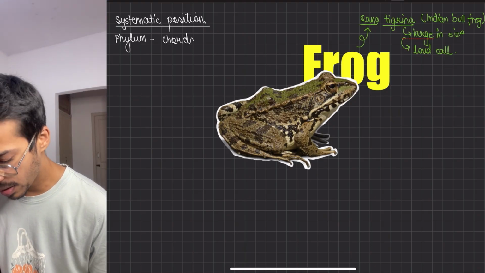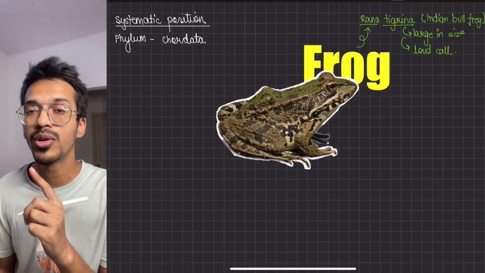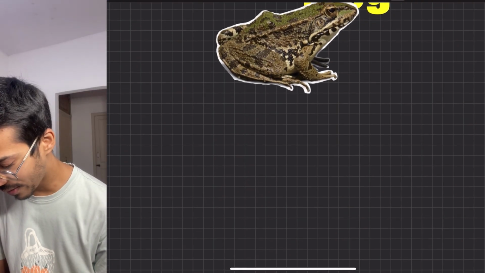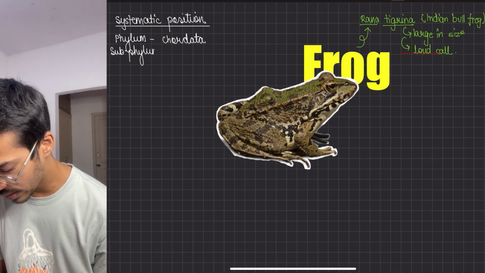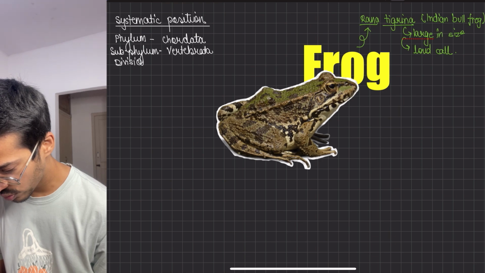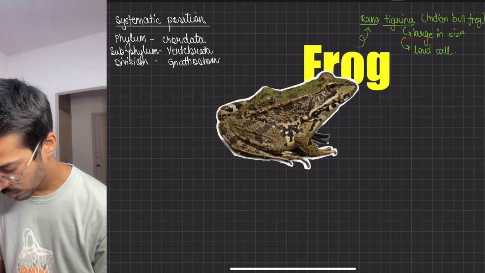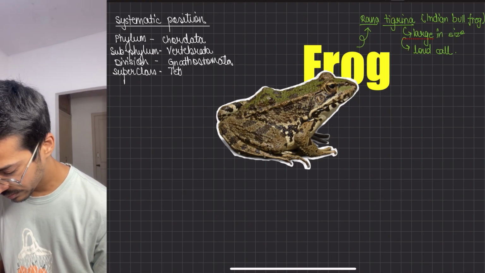If you have studied the animal kingdom, good. If not, go back and see my video on the animal kingdom, where we talk about the classes in the last part of it. So we know that they have a subphylum. So phylum, after that subphylum. Subphylum is Vertebrata. Then we have a division, that is Gnathostomata. Then it has a superclass, that is Tetrapoda.